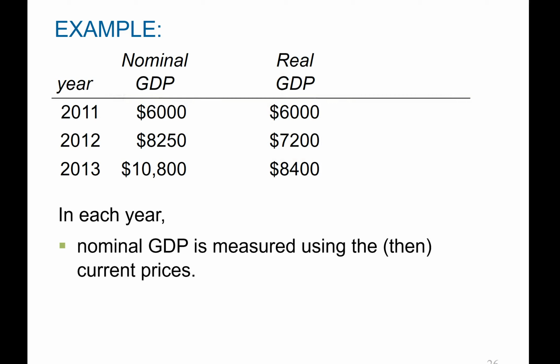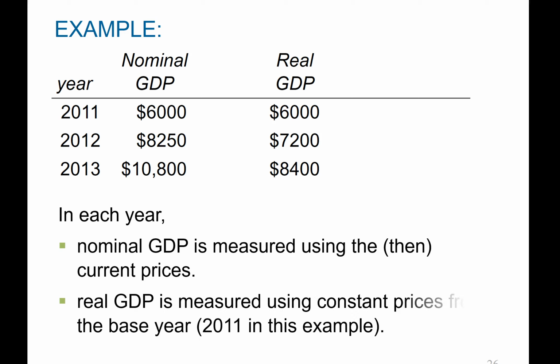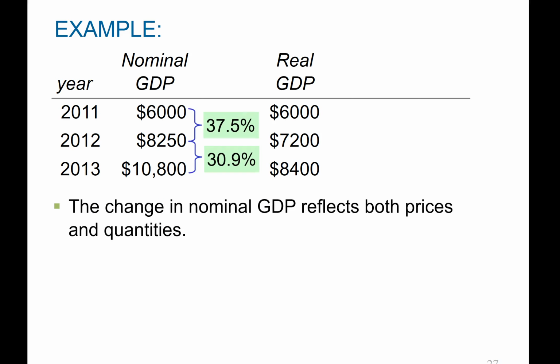To recap the difference between nominal and real GDP, what we can see is that in each year, nominal GDP is measured using current prices, meaning prices for that year. Real GDP is measured using constant prices from the base year. In this example, it was the base year of 2011. We can see that the original change in nominal GDP really overstated the changes because it included the factors of inflation.